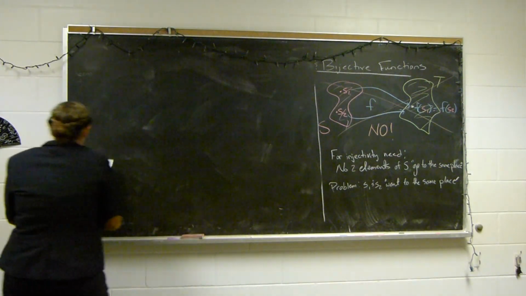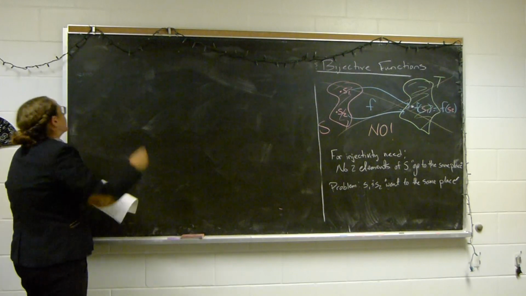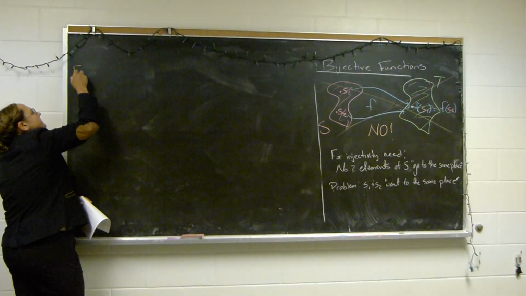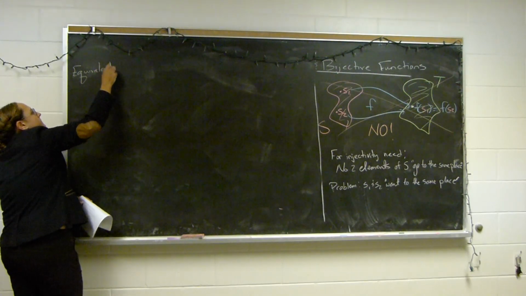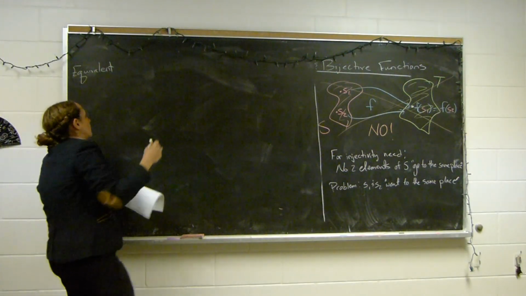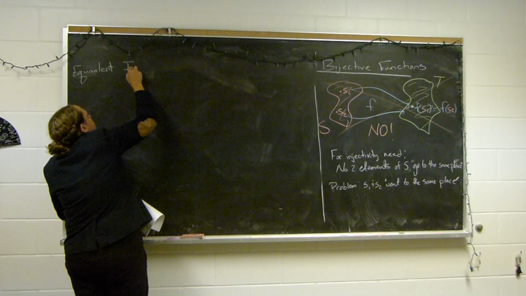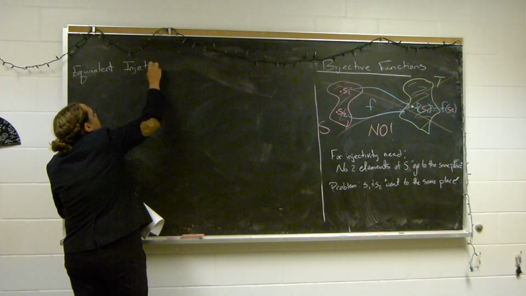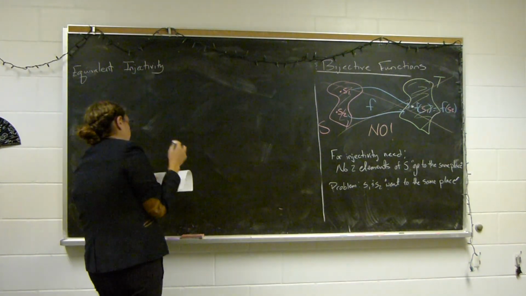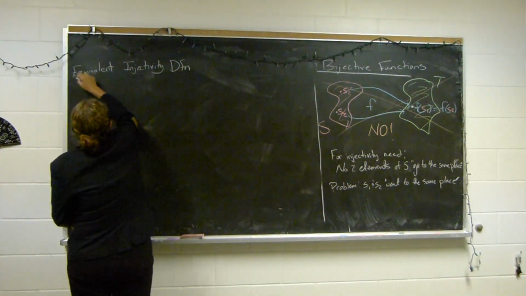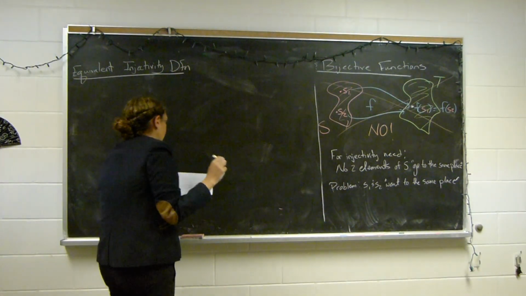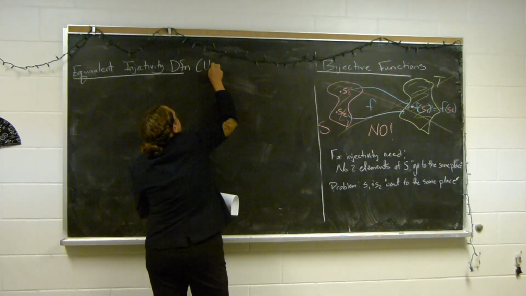So here's an equivalent injectivity definition. What does it mean for two definitions to be equivalent? It means that a function satisfies one if and only if it satisfies the other. And this one is useful for proofs.